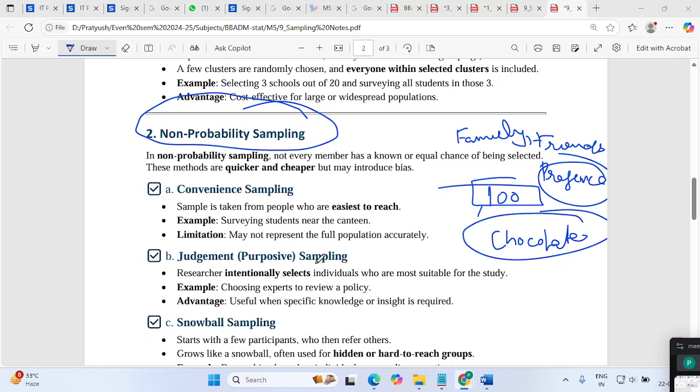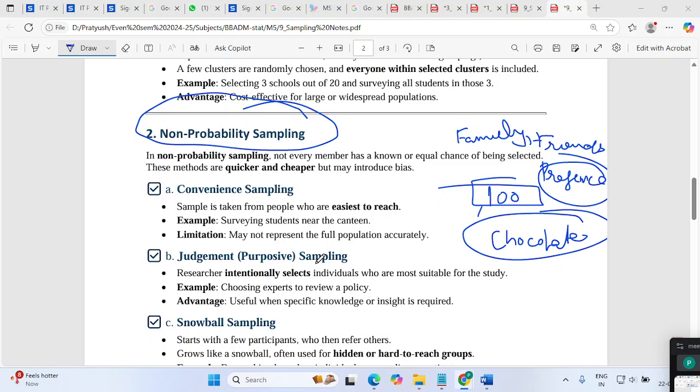Going to random people and convincing them to eat your chocolate is difficult, right? Somebody might say this chocolate is not good for my health, how can I consume something given by a person I don't know? So you go to your friends and family members and you get their feedback.